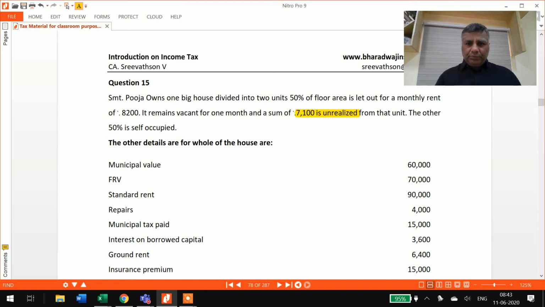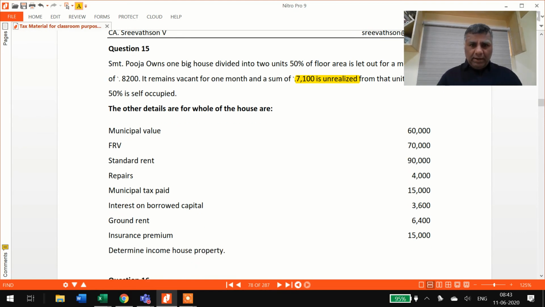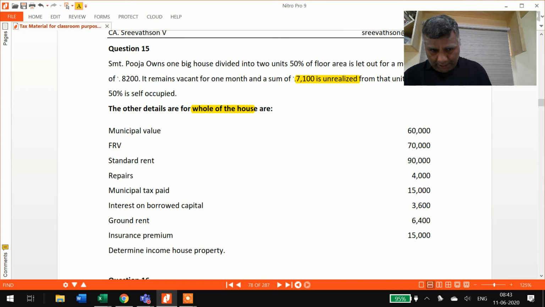The other 50% is self-occupied. Other details for whole of the house: MV, FRV, SR, repairs we don't want, municipal taxes paid, interest on borrowed capital, we don't want ground rent, we don't want insurance premium. Determine HP.